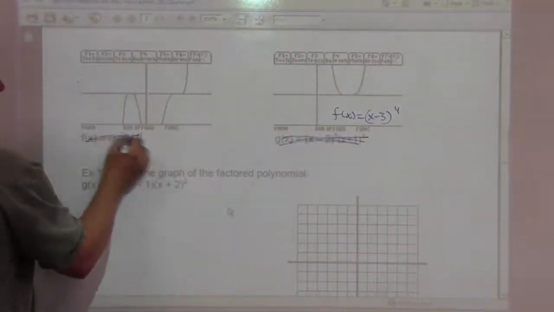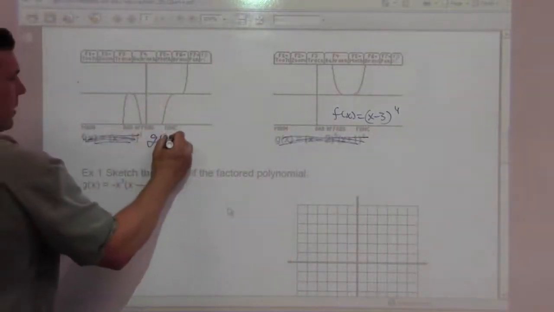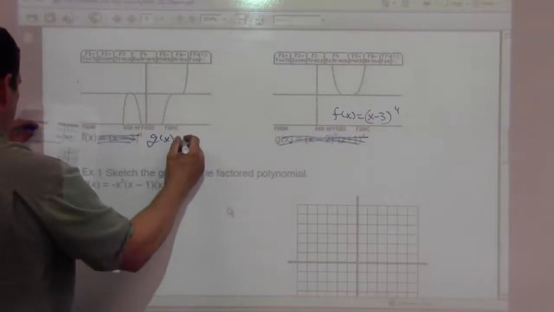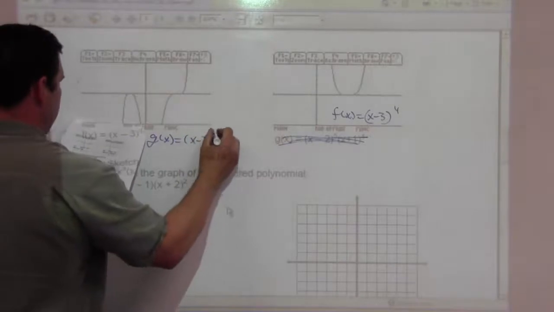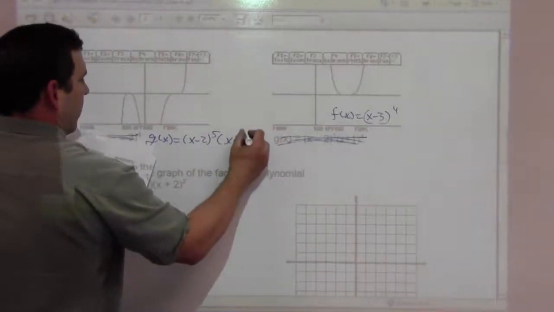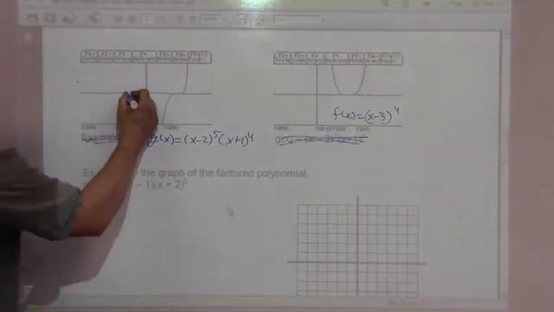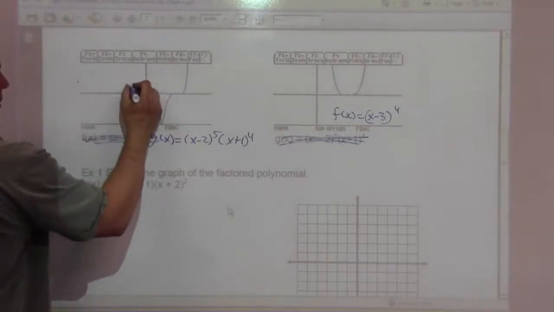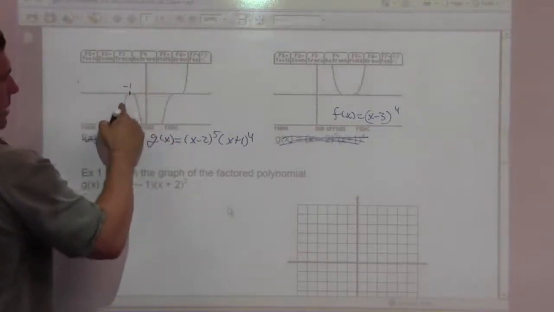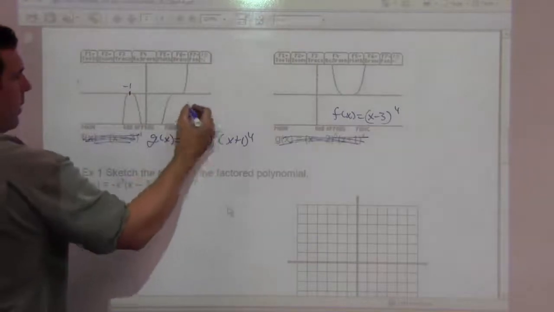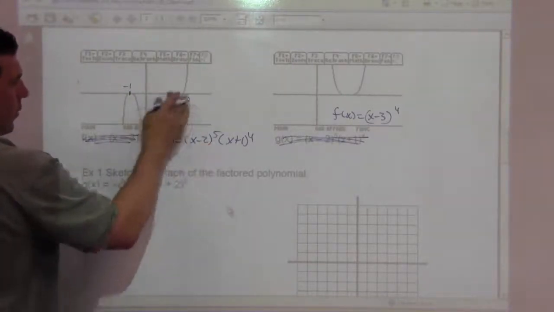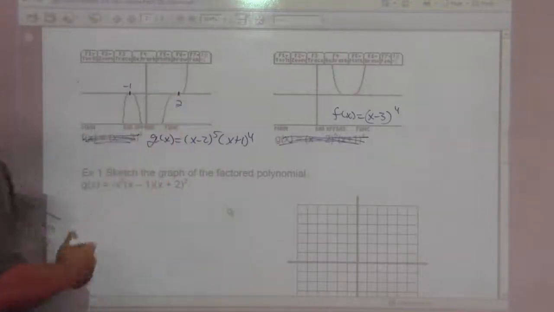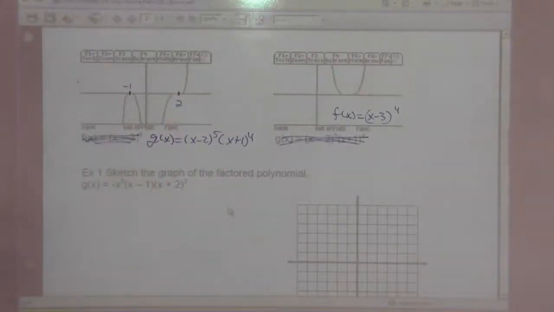And this is g of x equals x minus 2 to the fifth times x plus 1 to the fourth. So here's our negative 1, which has multiplicity 4, and here is 2, which has multiplicity 5, so it's going to cross. It does flatten out near that crossing point.